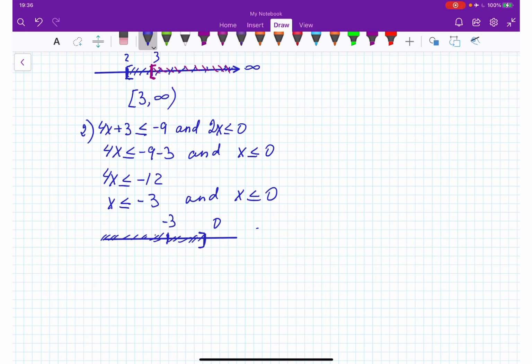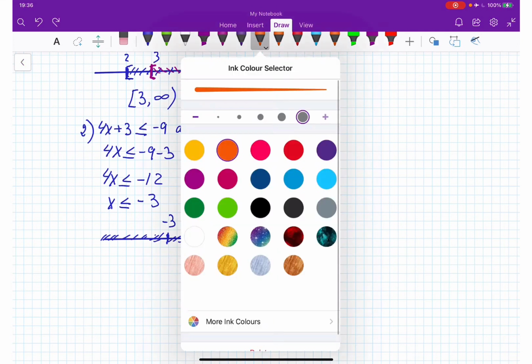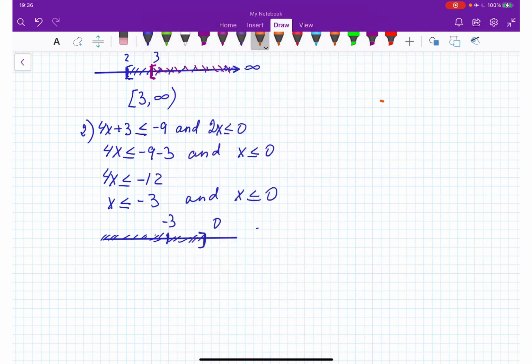Now, less or equal negative 3, equal, we still put a square bracket at negative 3. So which area overlapping satisfies this condition and that condition?